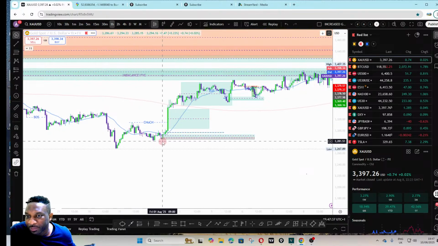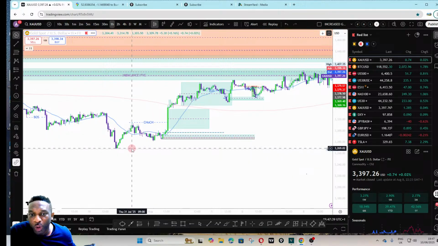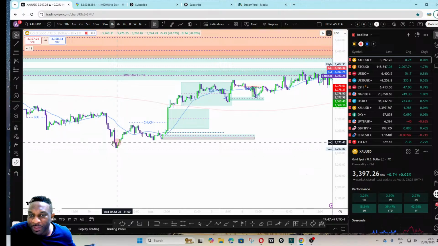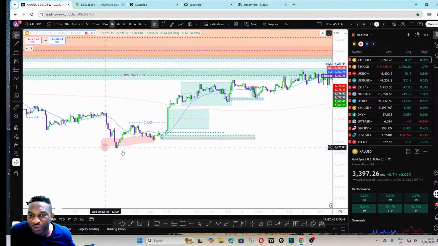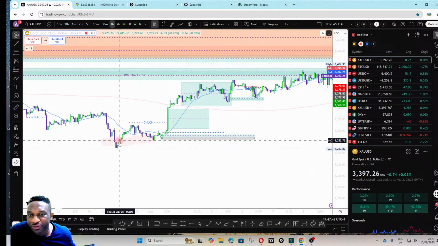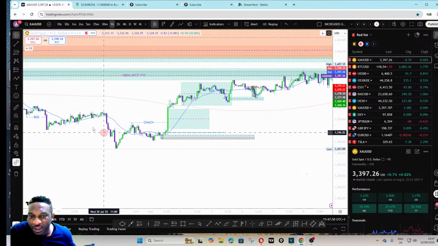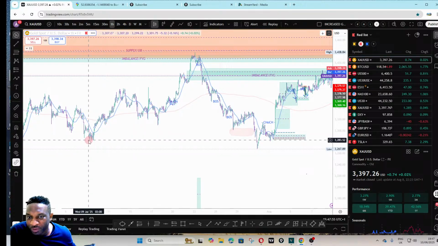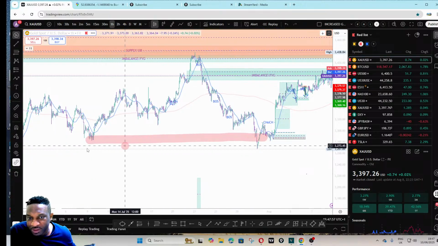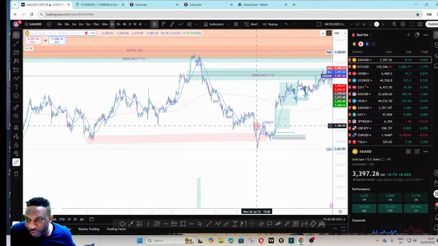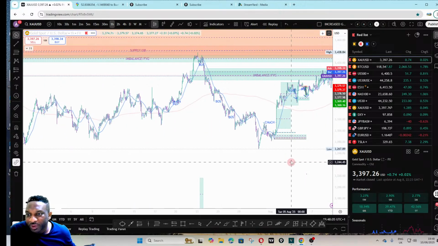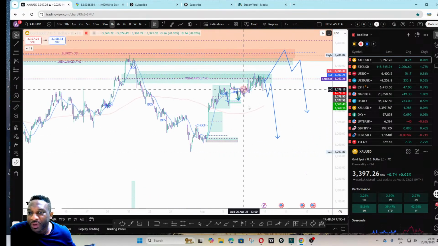This is where I prefer to take the trade from, or after I see a liquidity sweep. On the left, there's been a sweep of liquidity. As we can see, this low price swept below it, clearing all the liquidity that was resting here, and then it made its move to this area.